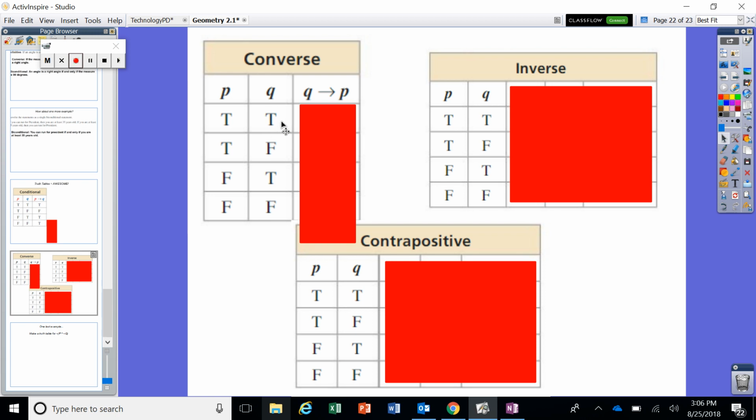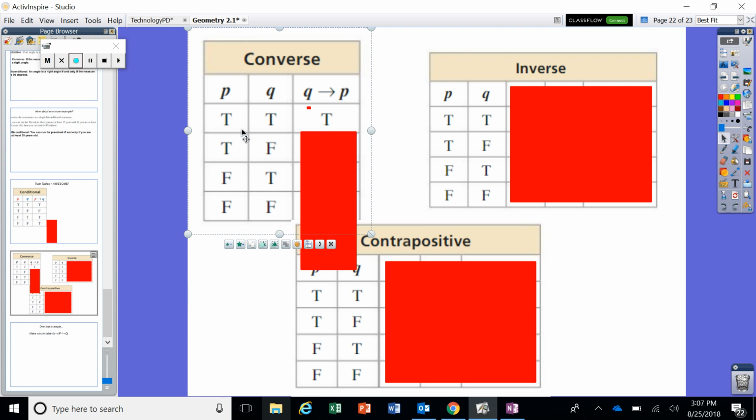I am now not following P implies Q. Now I am following Q implies P. So you should be looking not from left to right, but instead right to left. So true implies true is still a true statement.